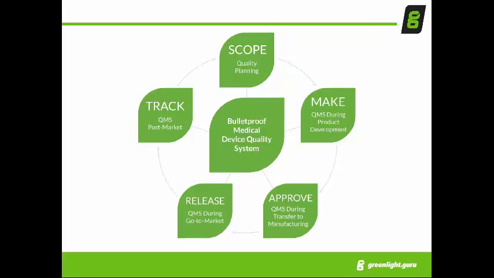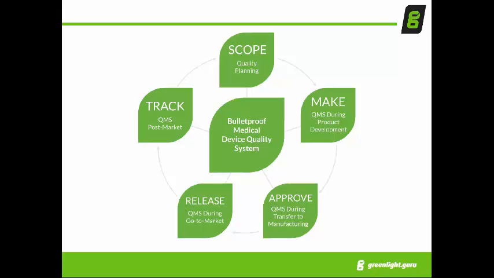We have built this platform to align with FDA regulations, to align with ISO 13485, yes, even the 2016 version, and to align with ISO 14971, to build risk-based quality management system approaches. That's embedded into the Greenlight software platform.